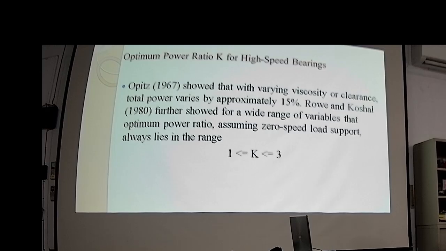And another one is to discuss the optimum power ratio case for the high speed bearing. So this is from the research result. It shows that by varying the viscosity increases, the total power can also change approximately 50%.